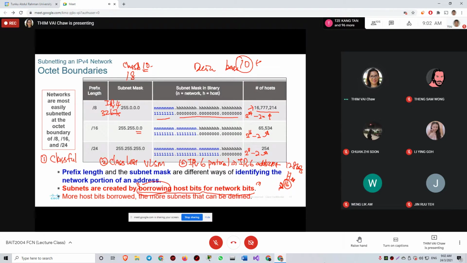So even though he did not show me whether this belongs to classful, I know that according to this, borrowing host bits for the network portion to become network bits is classful subnetting. The more host bits you borrow, the more subnets you can create.